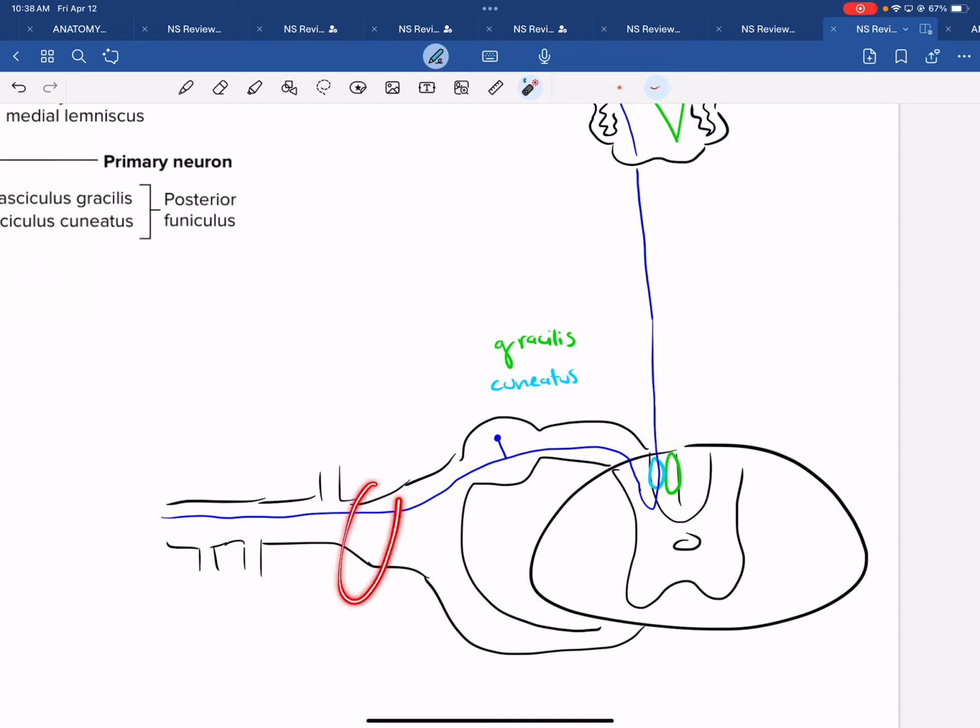The spinal nerve is mixed. So the spinal nerve can have sensory axons or motor axons. Same thing with both of the rami. They can have sensory or motor axons. But the posterior roots and rootlets are only sensory axons. Anterior roots and rootlets are only motor axons.